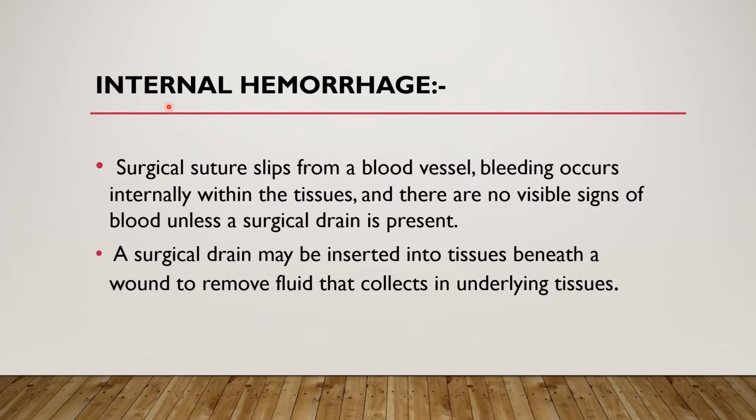So first is the internal hemorrhage. It occurs when surgical sutures slip from the blood vessels and bleeding occurs internally within the tissue. It is not visible if surgical drainage is not used.